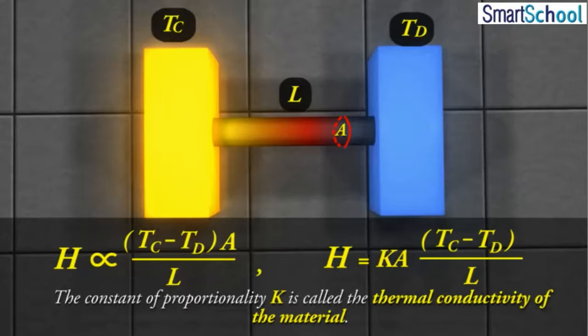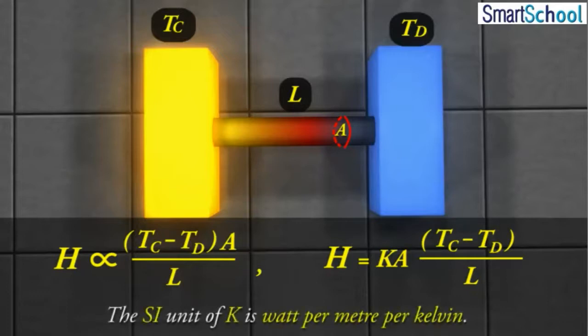The ability of a material to conduct heat increases as the value of K increases. The SI unit of K is watt per meter per Kelvin.